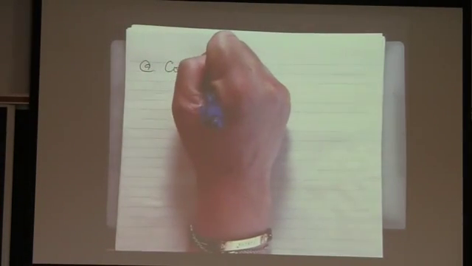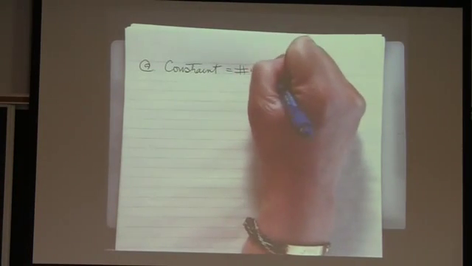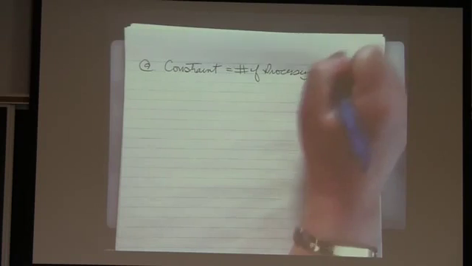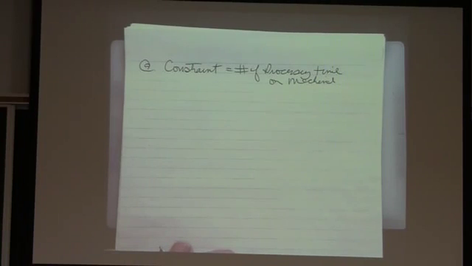So let's start by answering part A of the question. Part A says, how do we determine the ranking? Which product do we produce first? Which product is next? Okay. Because the constraint is the number of processing time on the machine, we need to look at the contribution margin per unit of a constraint resource.